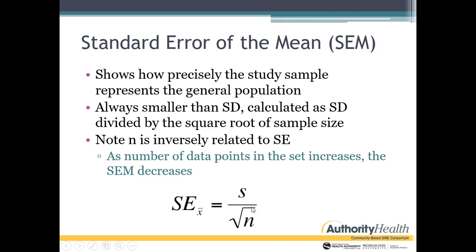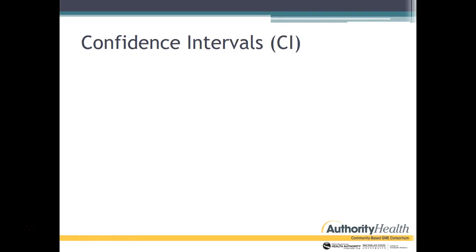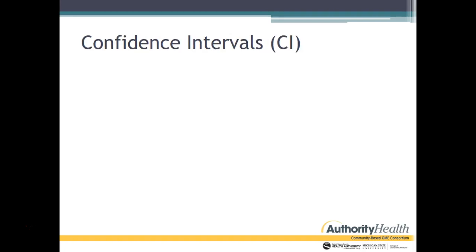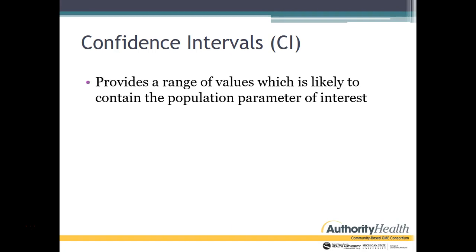So here we go. Now note that n is inversely related to the standard error, so as the number of data points increases, the standard error of the mean decreases. And so let's look at confidence intervals and how the standard error of the mean plays into that. Confidence intervals provide a range of values which is likely to contain the population parameter of interest.